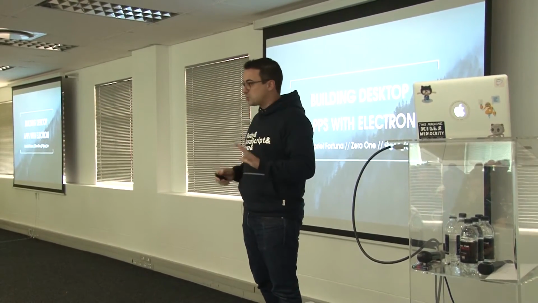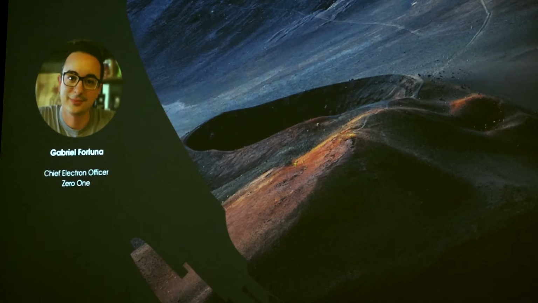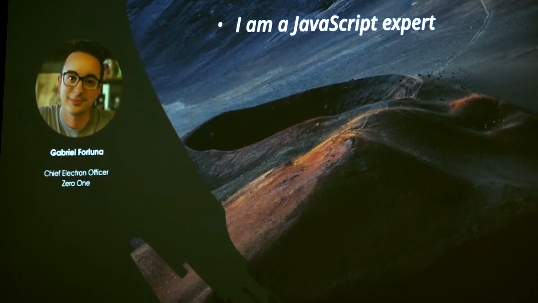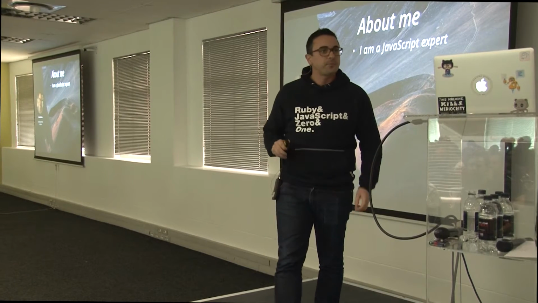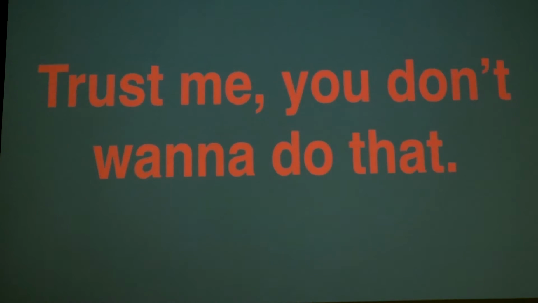Before we do that, I just want to talk to you guys a little bit about myself. I'm the Chief Electron Officer at 01. There's a few things that you need to know about me. The first thing is that I am a JavaScript expert. The second thing you guys need to understand about me is that you can implicitly trust absolutely everything I tell you.